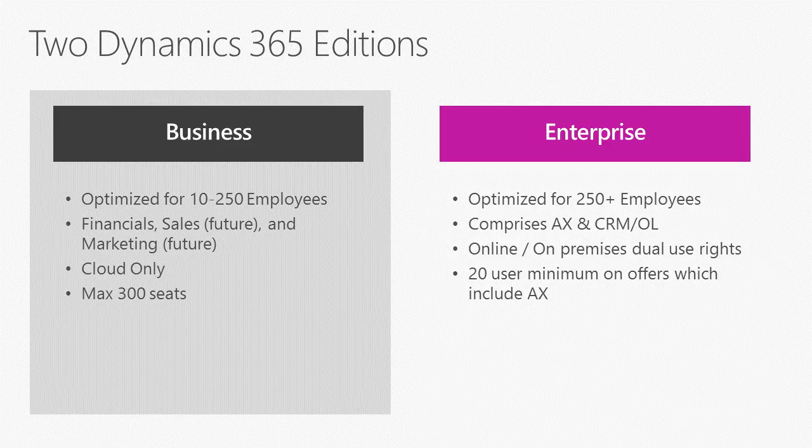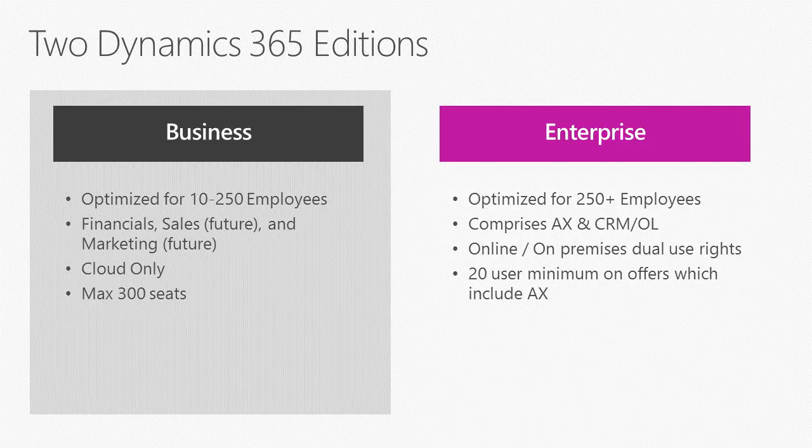The enterprise plan also gives you online versus on-premises dual use rights. So if you do want to still run some CRM components or Dynamics 365 components on-premises, you get those dual use rights. Now, what I'll talk about when I go over the plans is that there are some plans that include the power of Dynamics AX.